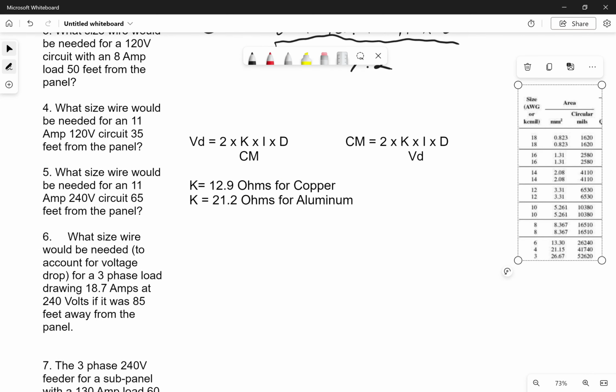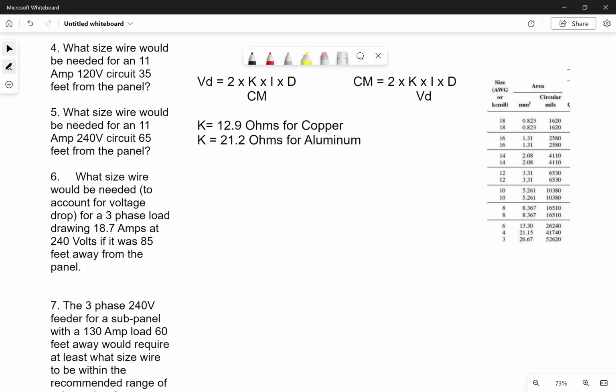All right. What size wire would be needed for voltage drop for a 3-phase load drawing 18.7 amps, 240 volts, 85 feet away from the panel? All right, so now we've got our first 3-phase load.